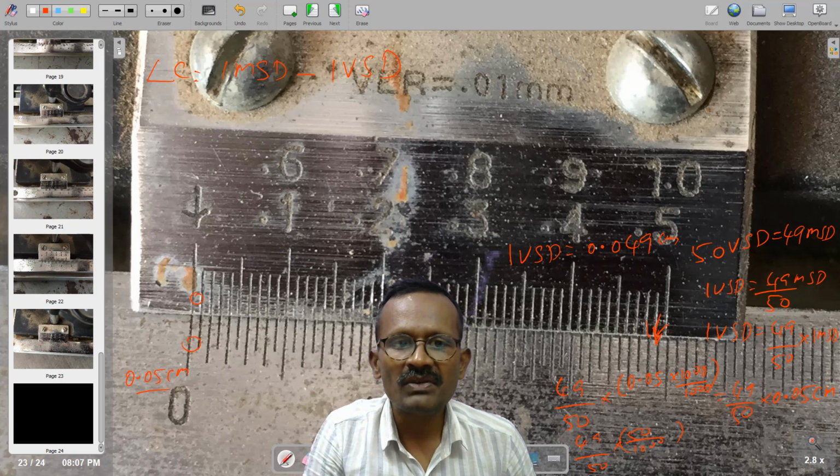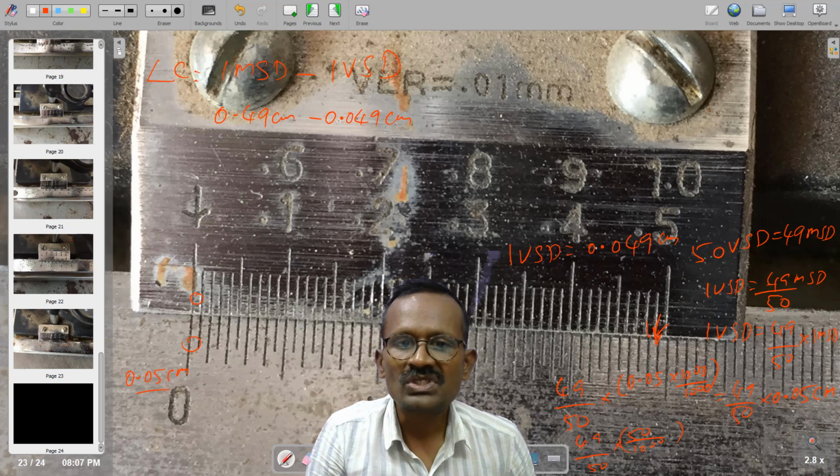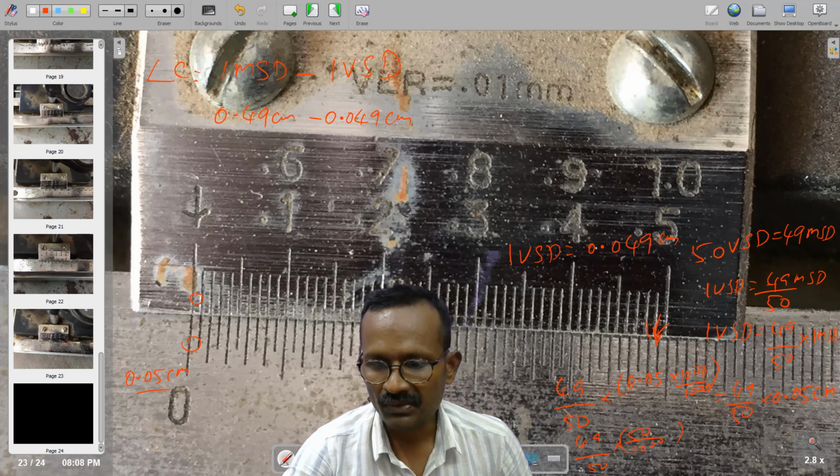One main scale division is equal to 0.49 centimeter minus 0.049 centimeter. If you subtract this value from this value, how much will you get? I'll tell you.